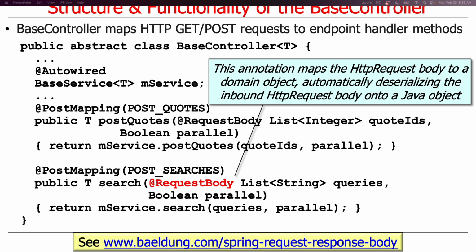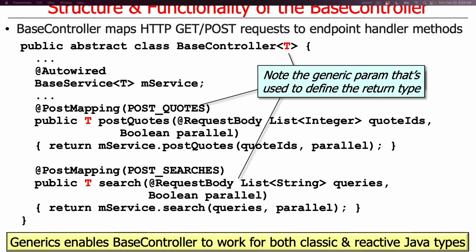Putting the request body annotation here instructs Spring to pull out from the body of the request the list of queries rather than trying to extract it from the URL itself. So request param will get the results out of the URL. Request body will get it out of the body of the message. And this is what's typically expected when you pass around aggregate structures like lists or maps with Retrofit, which we'll talk about in a second.